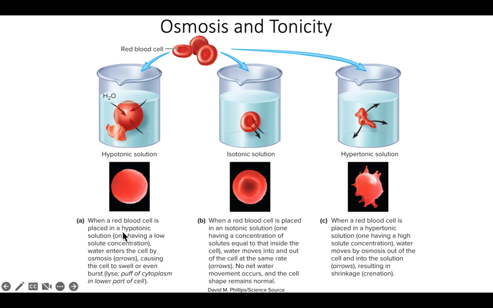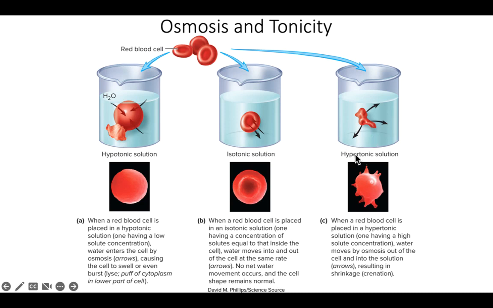So when you see hypotonic, you want to think low solute, but high water concentration. And therefore, water is going to go into the cell, and it could rupture that cell. So you don't want red blood cells in hypotonic solutions because they'll rupture. Over here, we have hypertonic.